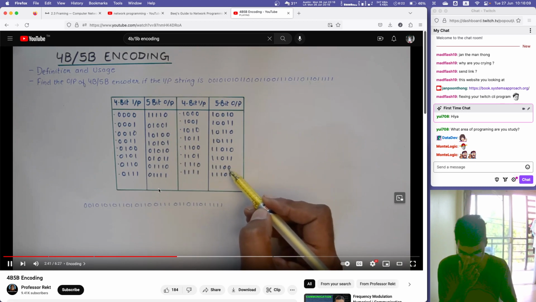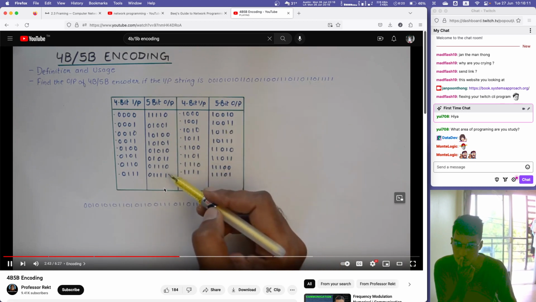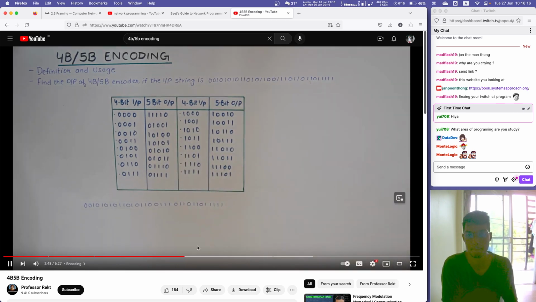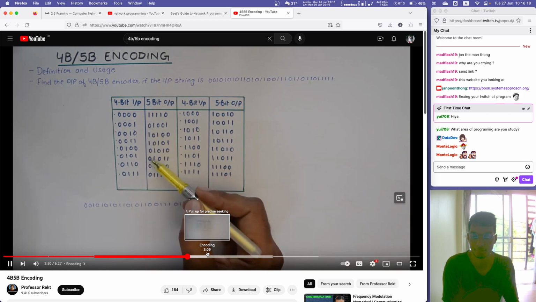So I have a 00 here and a 00 here only. And the first string is at most 10.